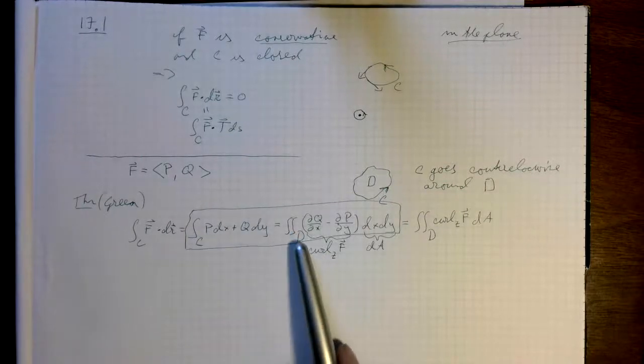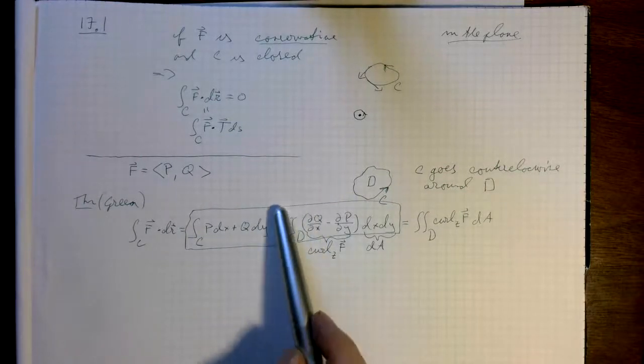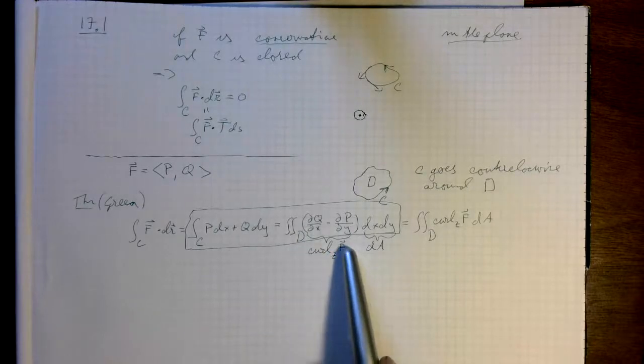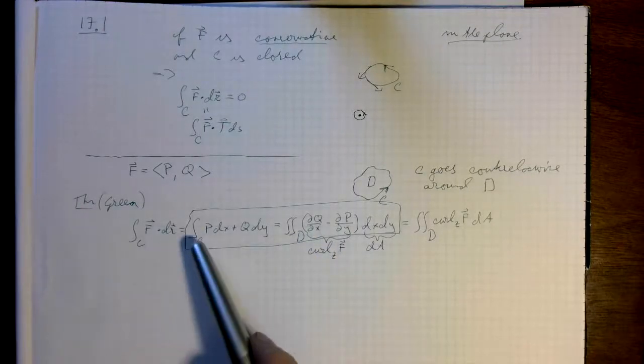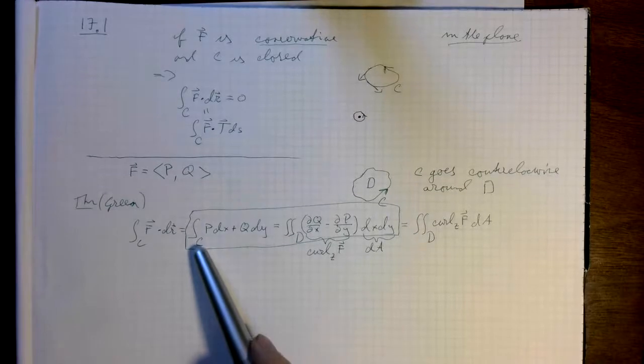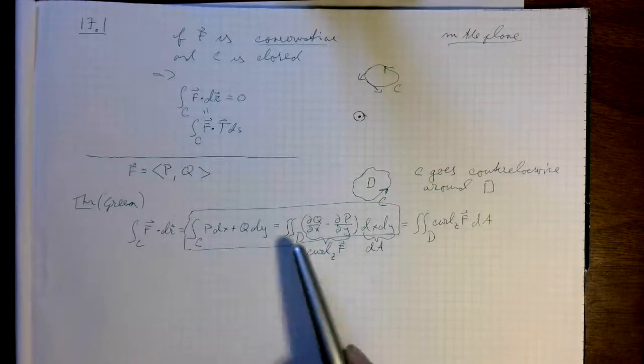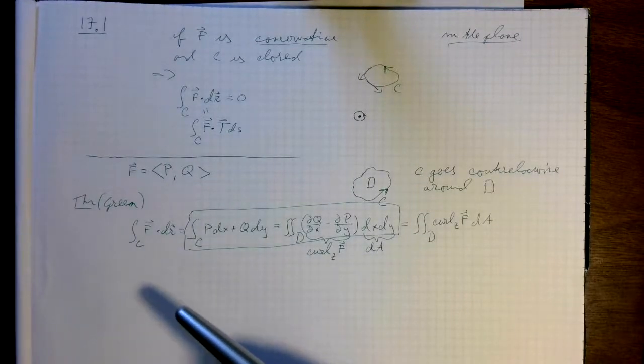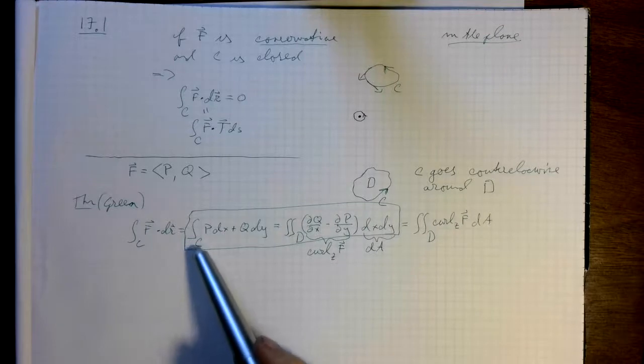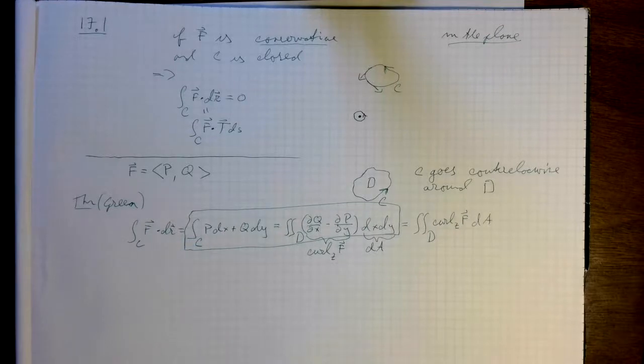So in this case, you're reducing a 2-dimensional integral over the inside of something to a 1-dimensional integral over the boundary. That's always the way it will work, and it's the same thing in one variable. The fundamental theorem of calculus that you've seen in Calc 1 reduces a 1-dimensional integral to a 0-dimensional integral over the boundary.